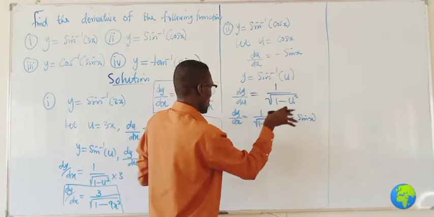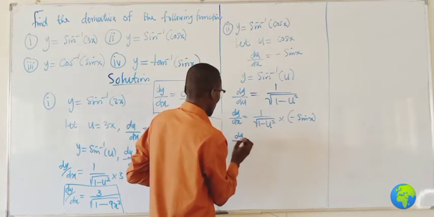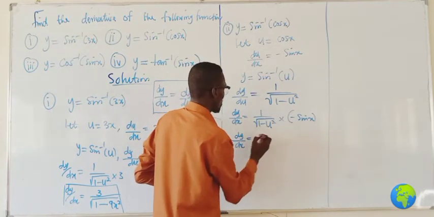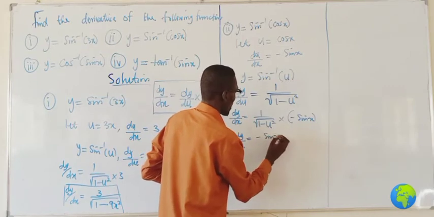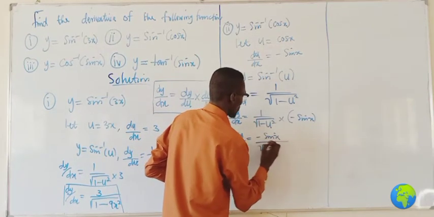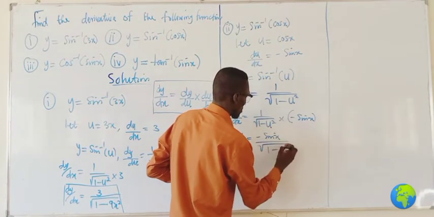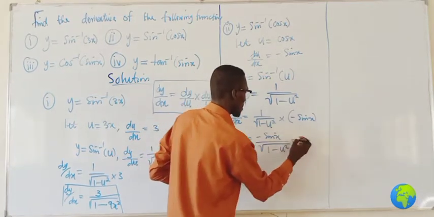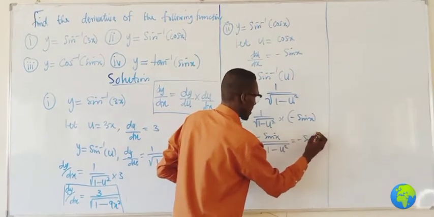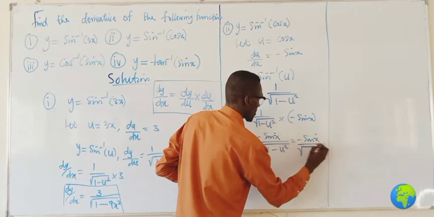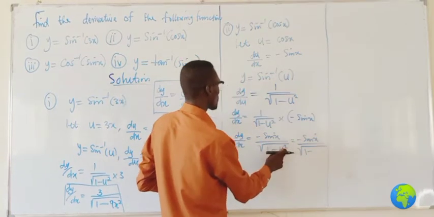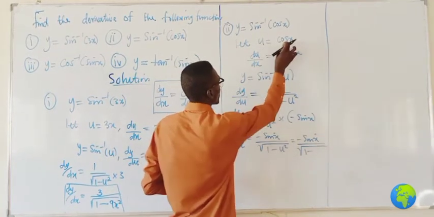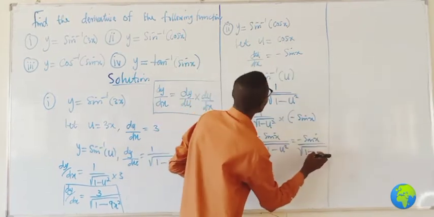So to rearrange everything, our dy/dx is going to be minus sine x over square root of 1 minus u squared. But what is u squared? Minus sine x over square root of 1 minus, instead of u, I'll put cos x. But what is cos x?